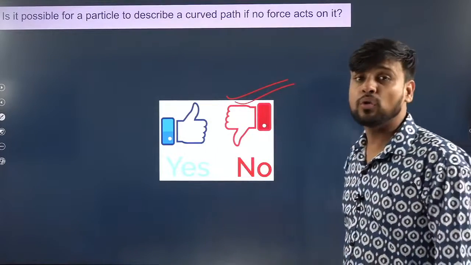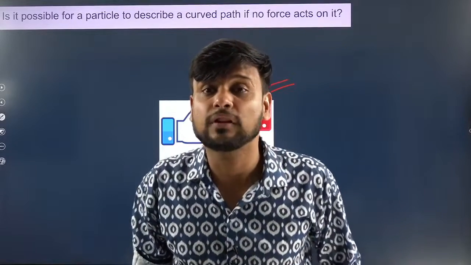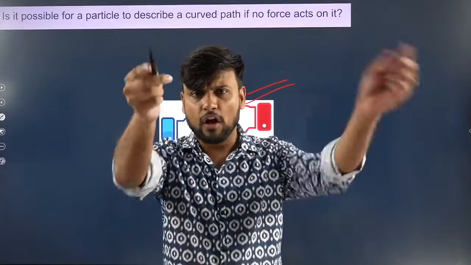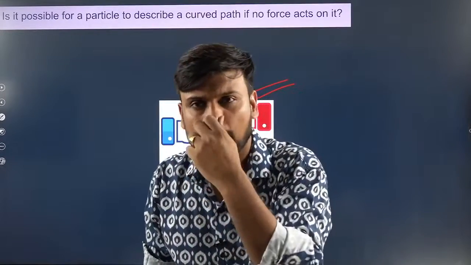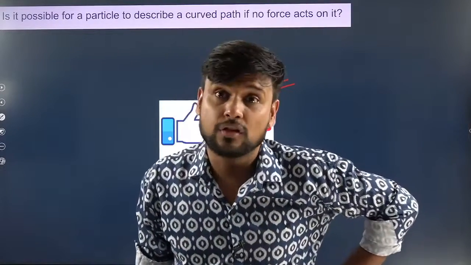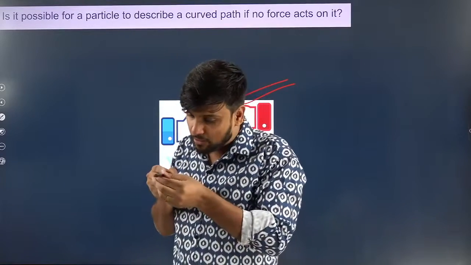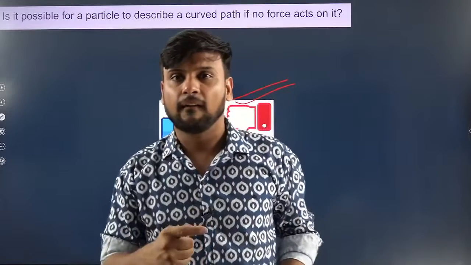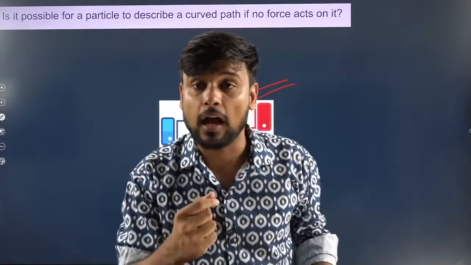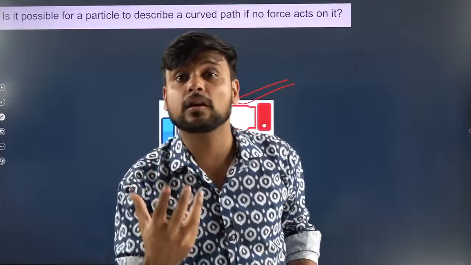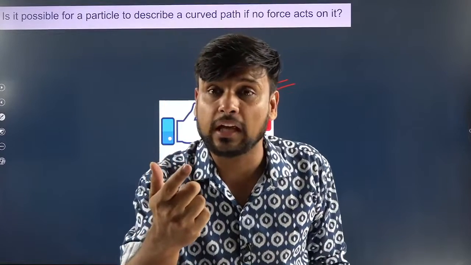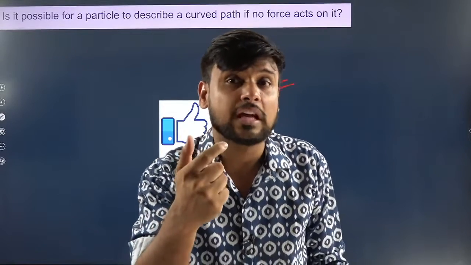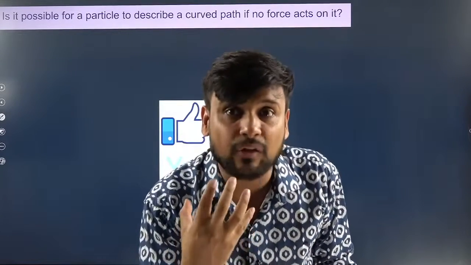You cannot move in a circular path without applying force, because we know that velocity is a vector quantity. If you want to change the direction of the velocity, you need acceleration, and for acceleration we require force.